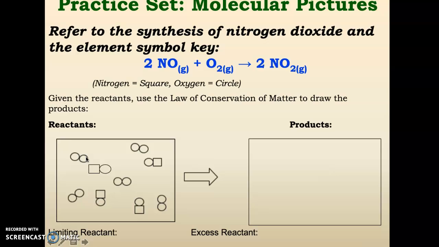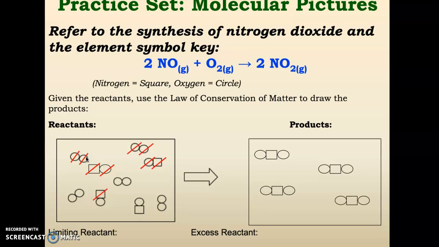So what I'm going to do is just draw my products and cross out whatever reactants I use. So I'm going to go ahead and draw as many nitrogen dioxides as possible. So once I do that, notice that uses 1 square and 2 circles. So I cross out 1 square and 2 circles on my left side. I do it again, and again, and again, each time crossing out 1 square and 2 circles on my left side.